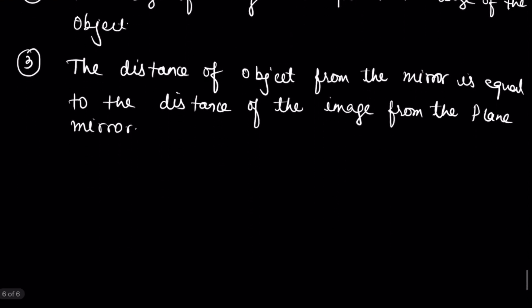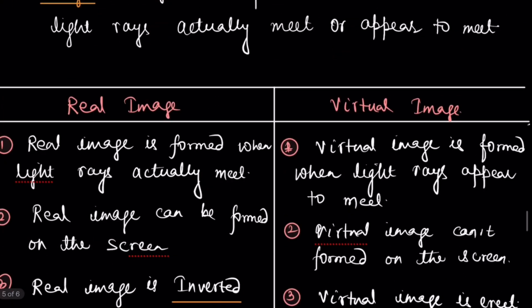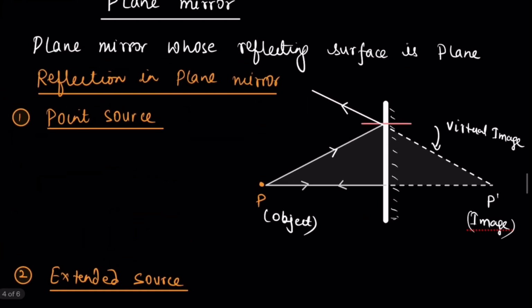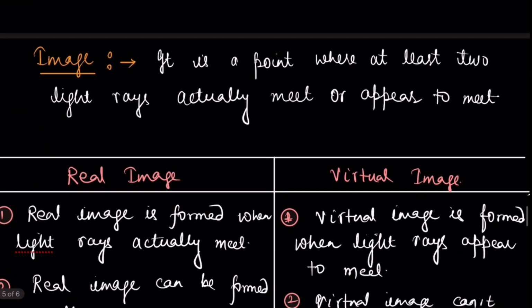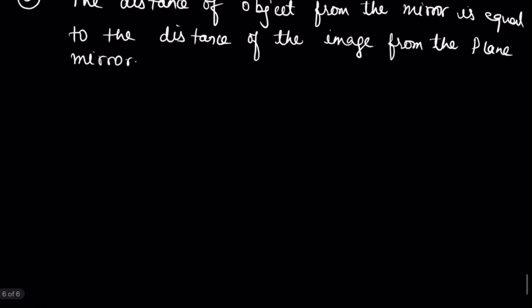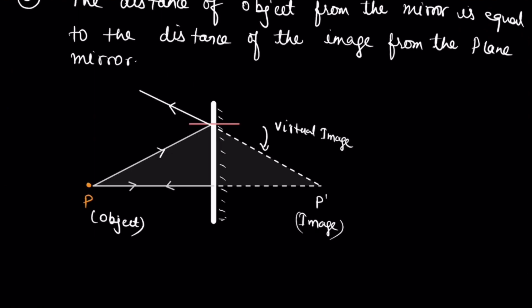It means that if we take a previous example, like this example, here the distance of the object and the plane mirror, let us assume it is u. So the distance of the plane mirror and the image is v.